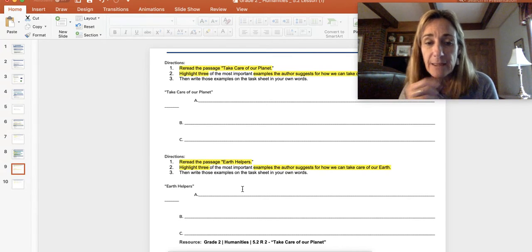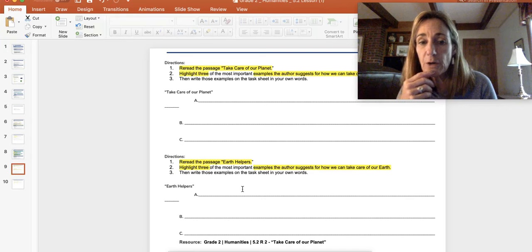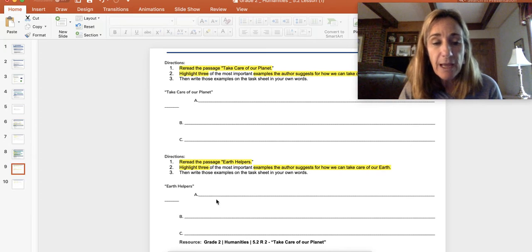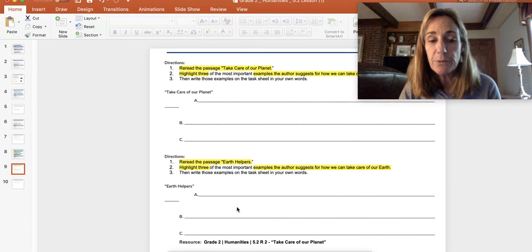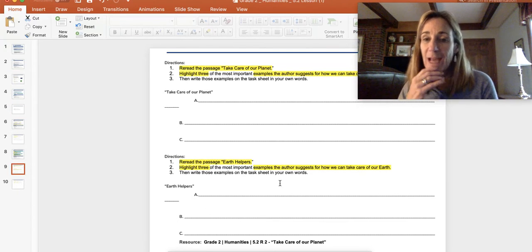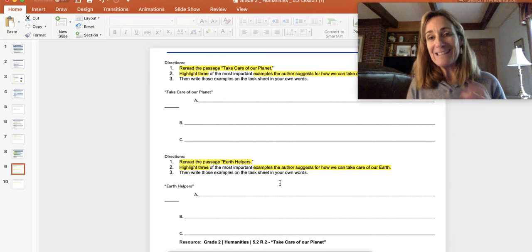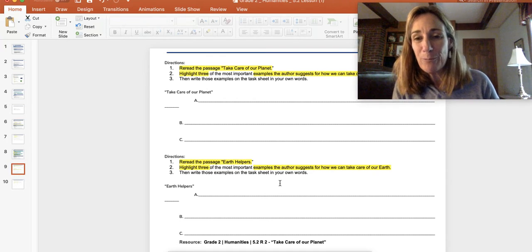You can highlight the parts of the article where the author gives examples of how to take care of the earth. And then I want you to then write those examples here on these lines. 1, 2, 3. Okay, so that's what we'd like for you to focus on this week for reading and humanities as you're at home with your paper packets.